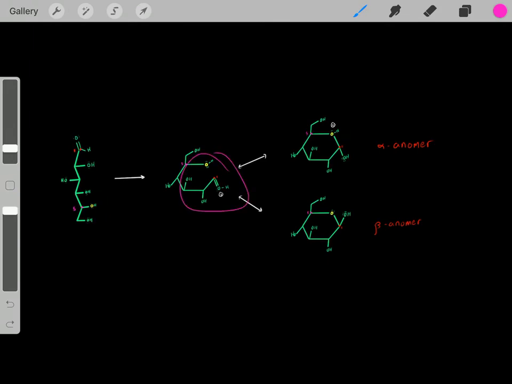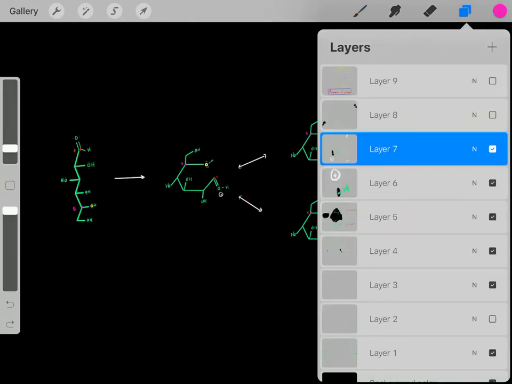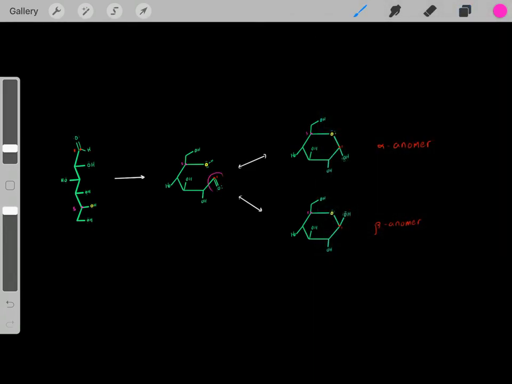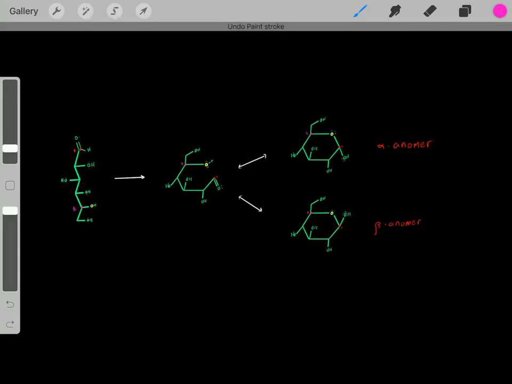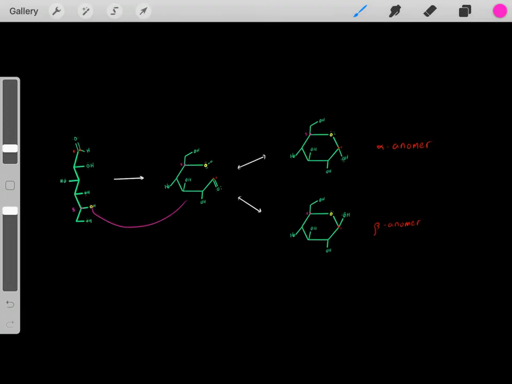Now once we form this structure, we simply deprotonate this oxygen. When we deprotonate this oxygen, now we have this aldehyde, which is the linear form. It's in a very specific conformation here, but again, this essentially is the linear form.